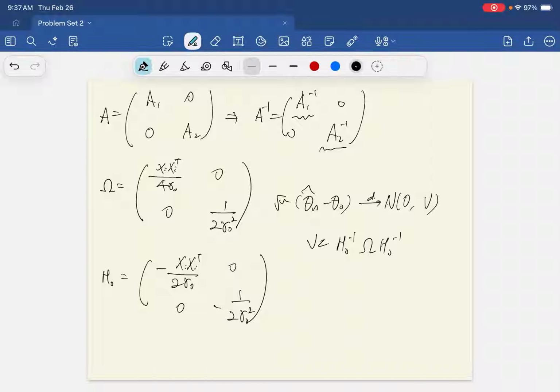Okay, and then let's think about its inverse. Its inverse is pretty simple. Just its inverse is its inverse and its inverse. Okay, and then we can calculate this. This becomes here, right?